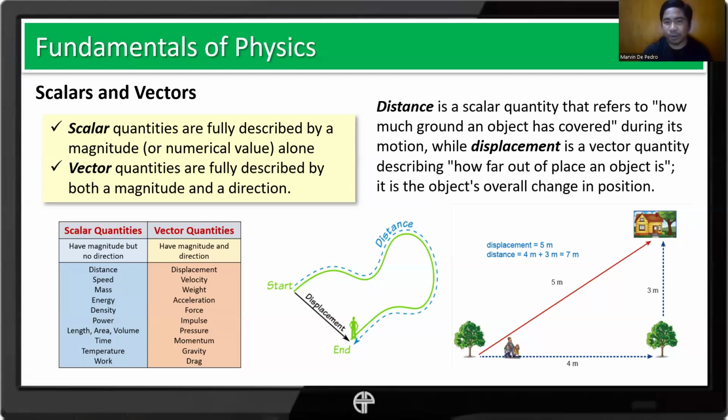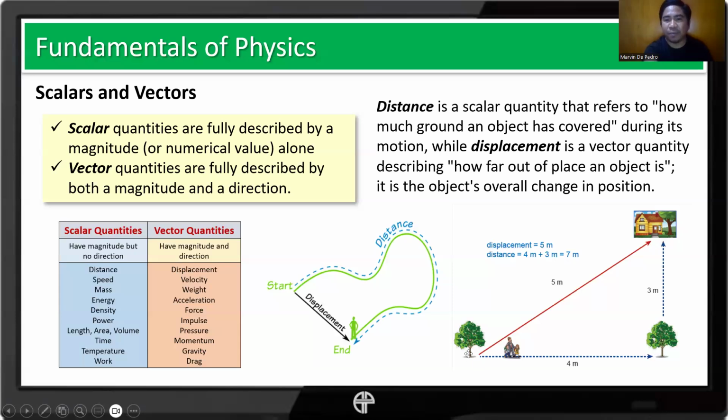Another example, a simpler one: from this tree up to this house, if you go through this path, and if this is the only road, then your distance would be this one.